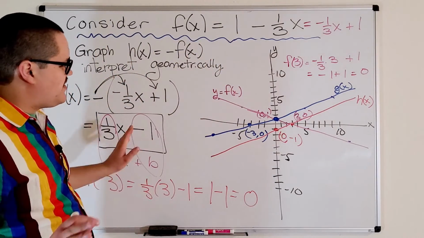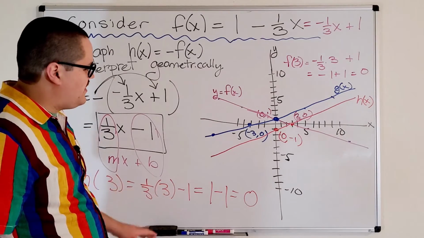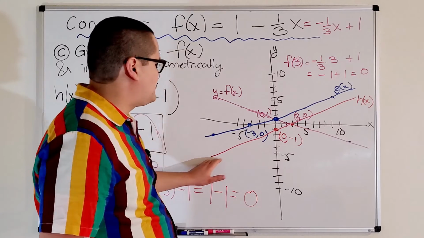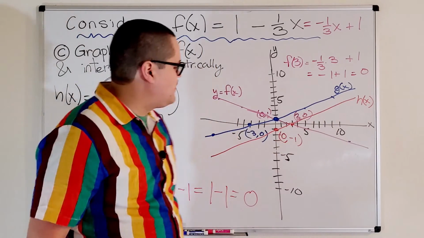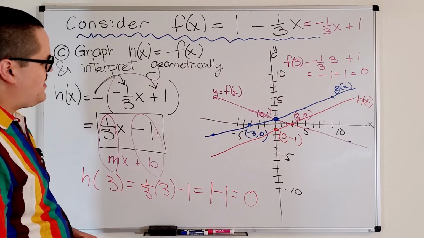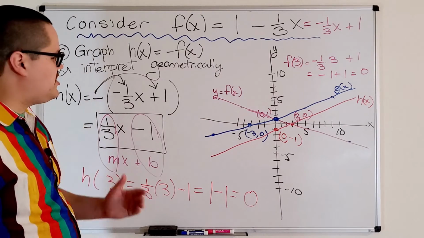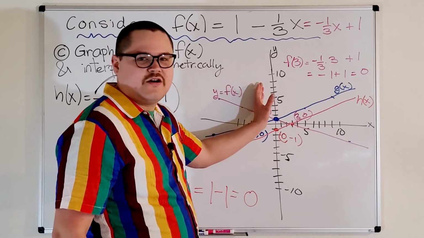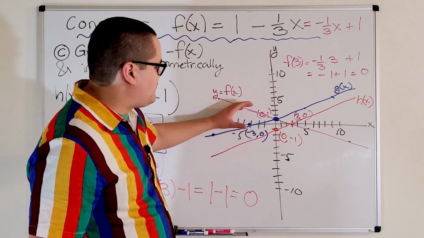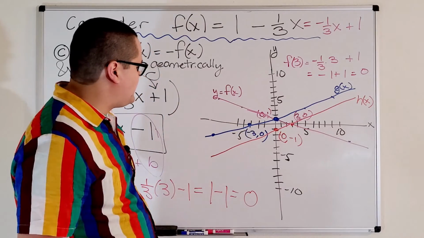So imagine that we just ignore g of x entirely, and we only look at f of x and h of x. Well, then we see that much like how g of x was a reflection over the y-axis, h of x is a reflection of f of x over the x-axis.